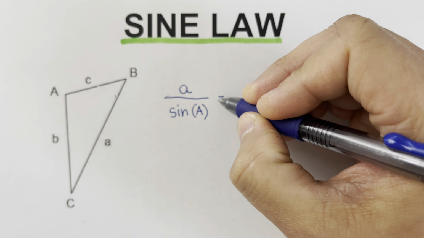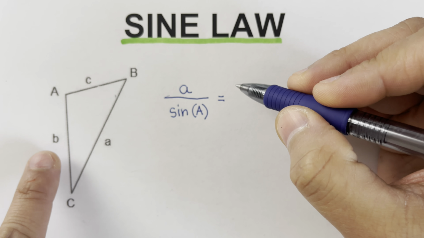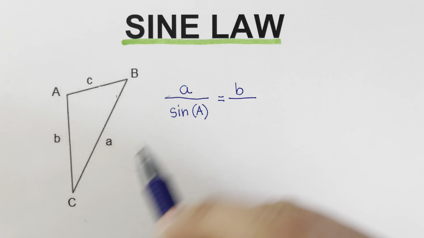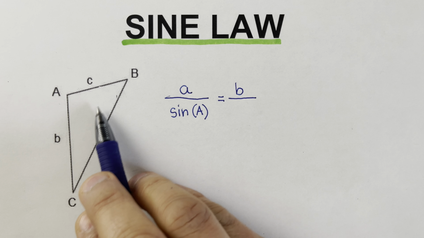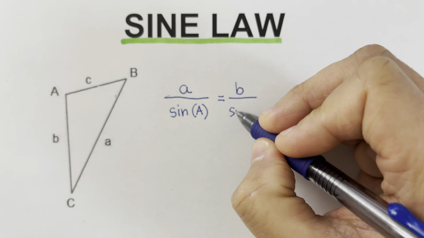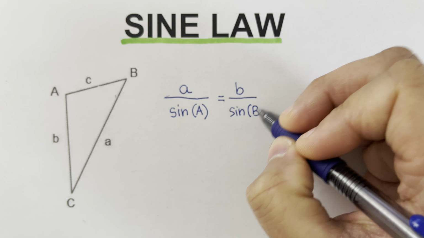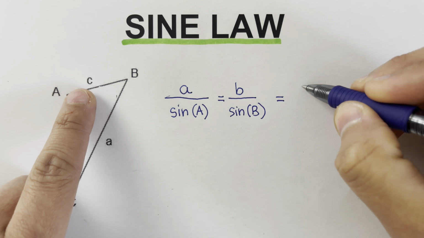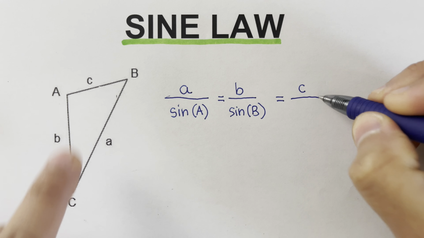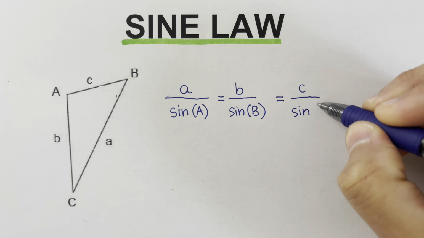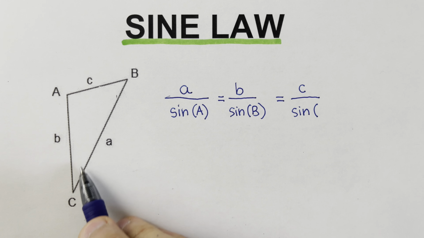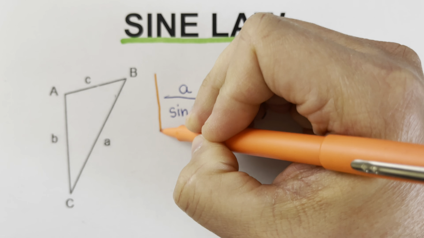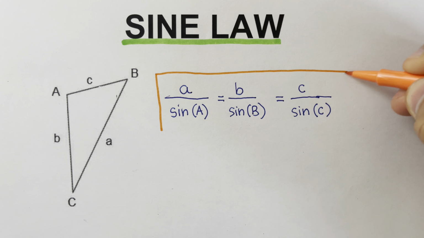This is equal to side b over the sine of the angle across from it, which is sine of angle B. That is also equal to side c over the sine of the angle across from it, which is angle C. This is what we call the law of sines, or the sine law.